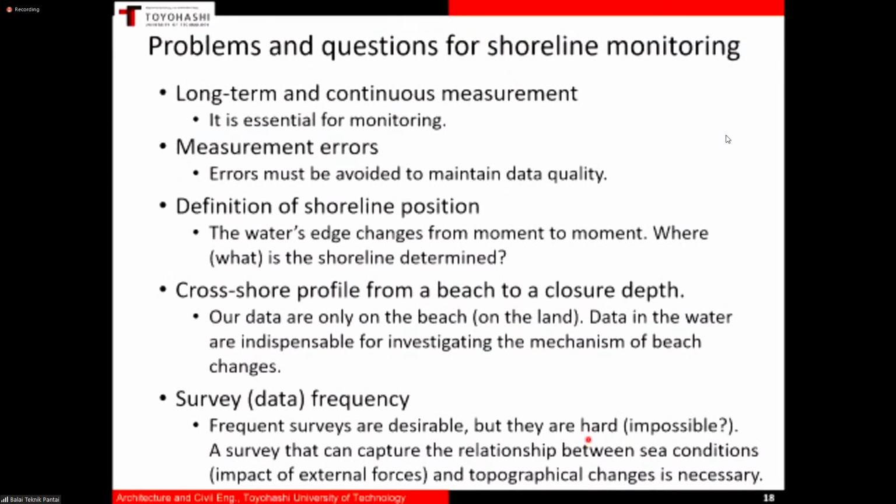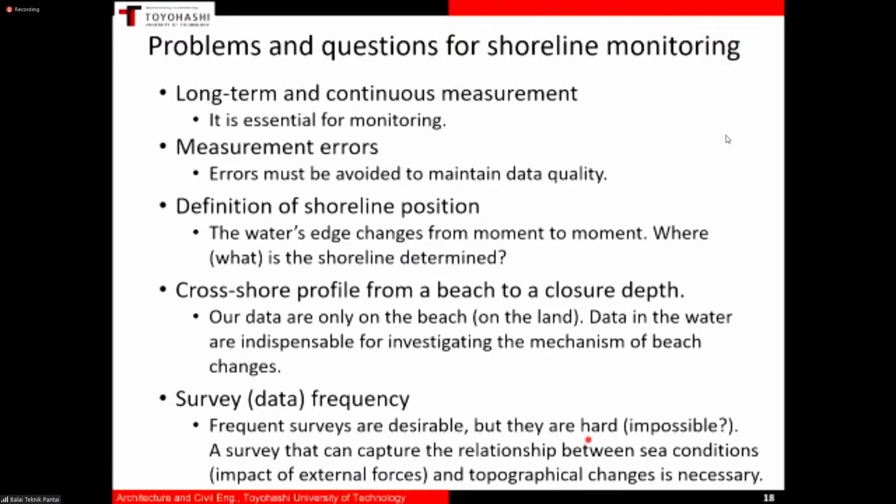So I have a recommendation and a problem. For long-term shoreline monitoring, long-term and continuous measurement is very important. It is essential for monitoring to know the shoreline characteristics. And regarding measurement error, unfortunately, in our case the students do the measuring, so sometimes the students miss.